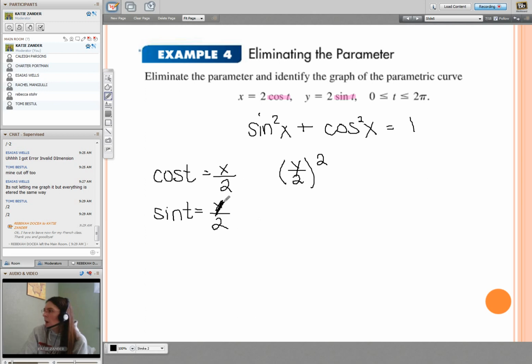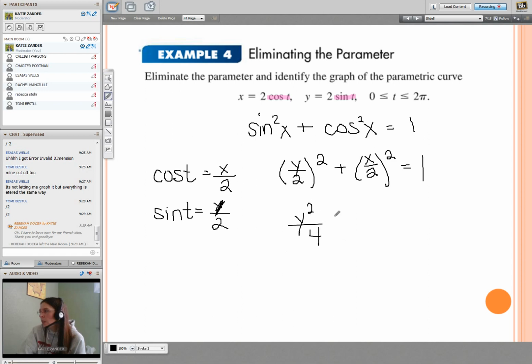Technically, that should be a y here. Sorry about that. So we'll get y over 2 squared plus x over 2 squared, and if you want to swap these around, you can. So applying the squared on each piece will be y squared over 4 plus x squared over 4.